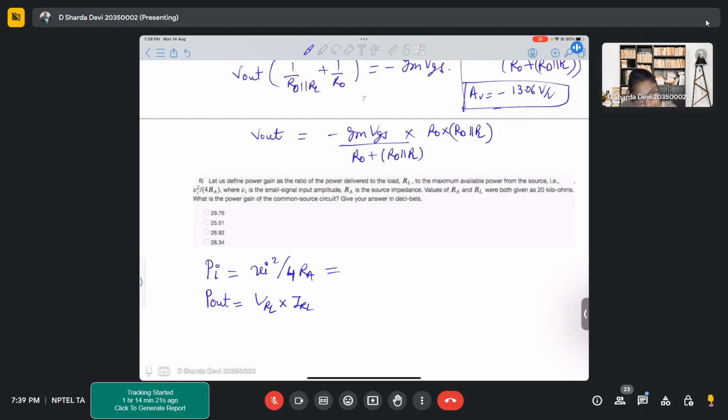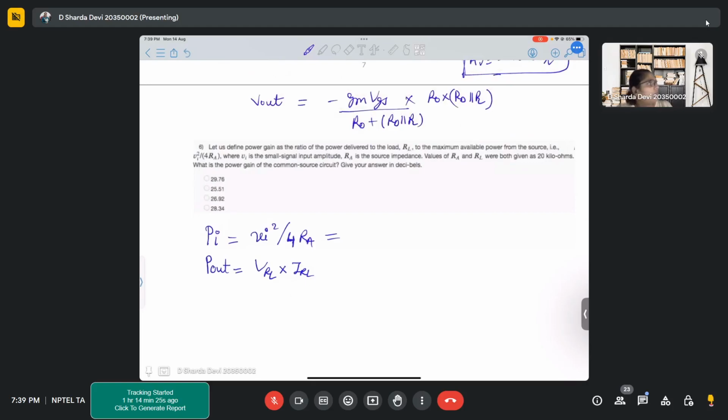Find the power gain, and give your answers in decibels. Okay, so let us keep it as the same, Vi square by 4 Ra. VRL into IRL, let's write it as VRL square by RL.